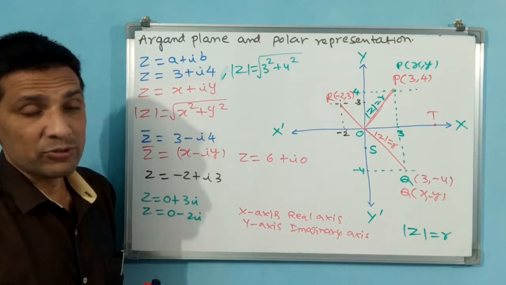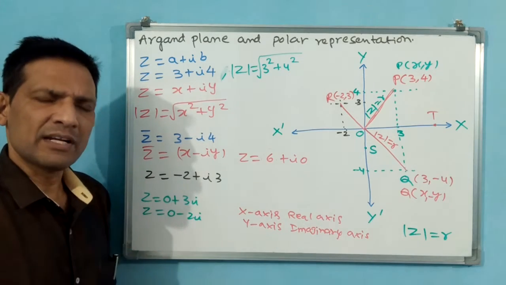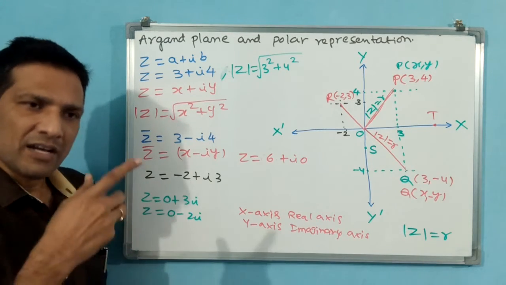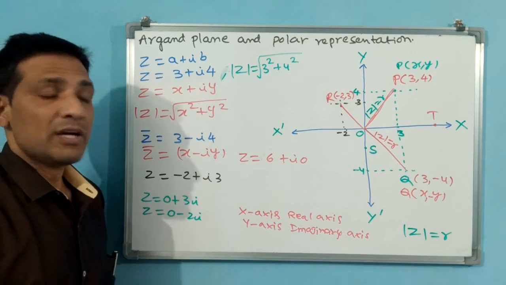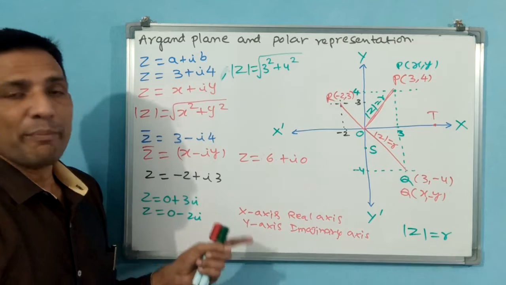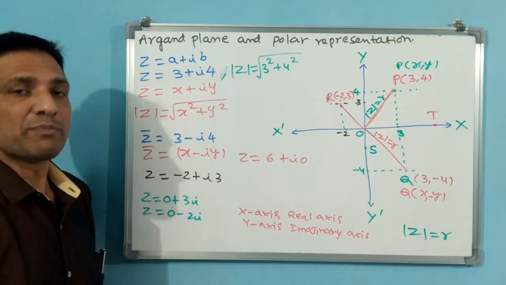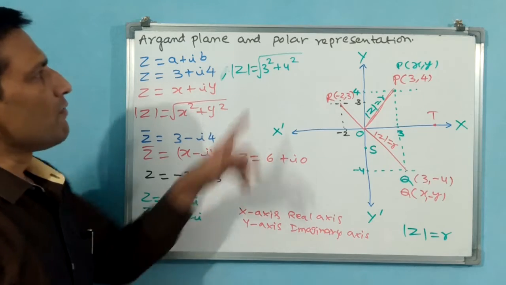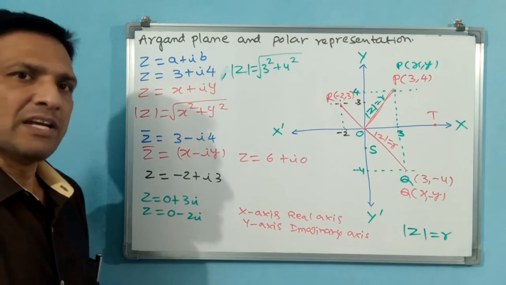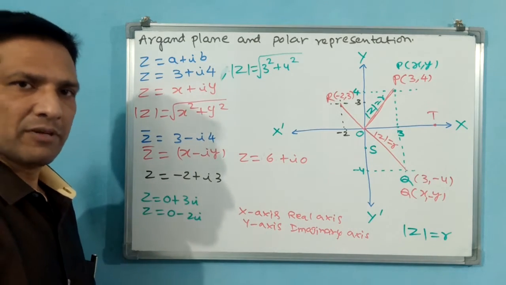Principal values depend on sine, cos or tan: minus pi by 2 to pi by 2, or 0 to pi. Now here, principal argument will come. Let us see what the principal argument is, what the argument is and all. We go for polar representation, then we know some more concepts. Okay, let us go.